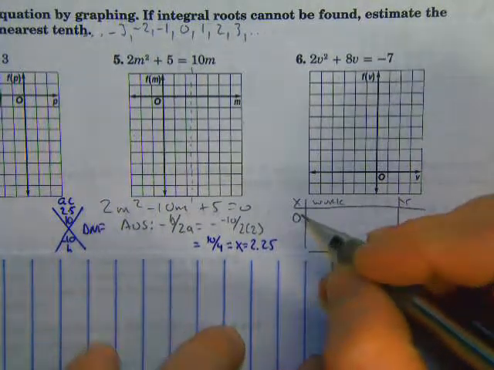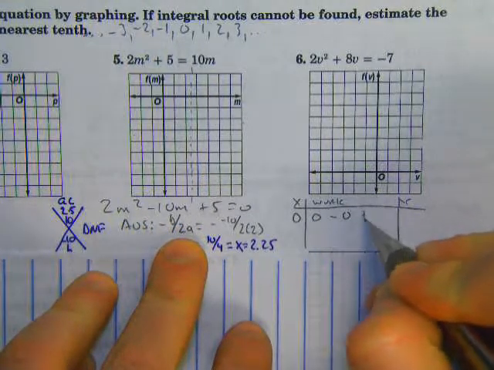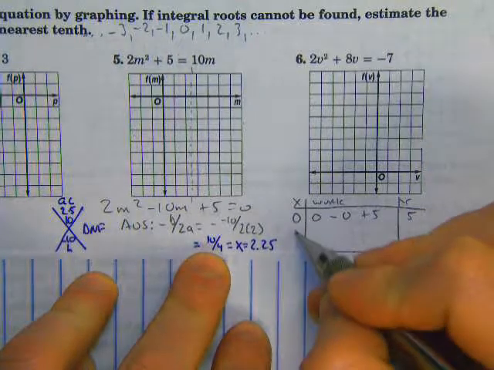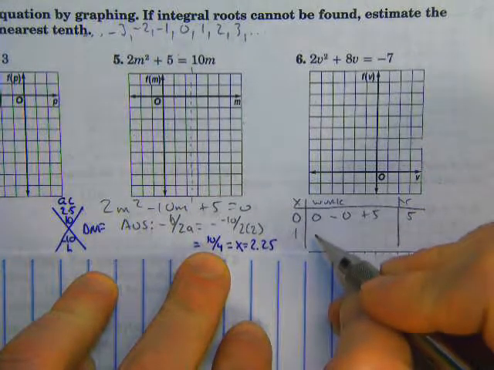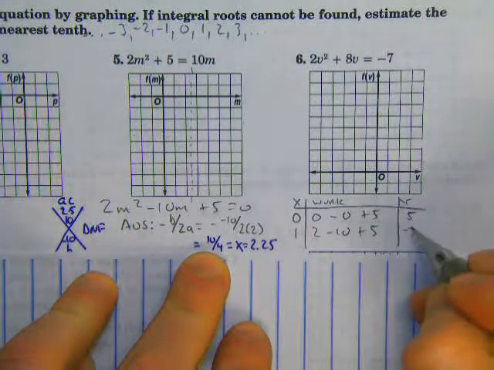So 0, plug in zeros. 0 minus 0 plus 5, I get 5. Throw in the 1, and I get 2 minus 10 plus 5, minus 3.